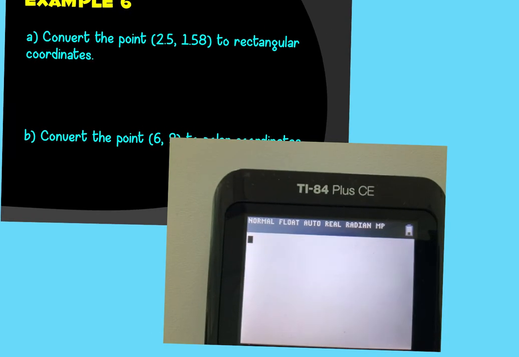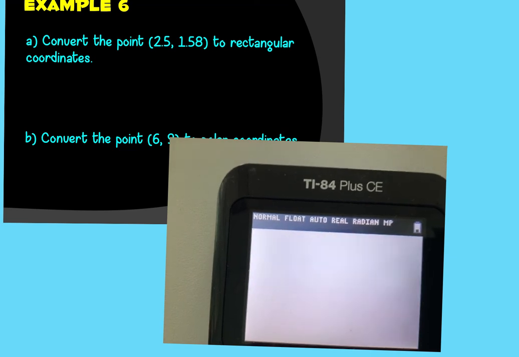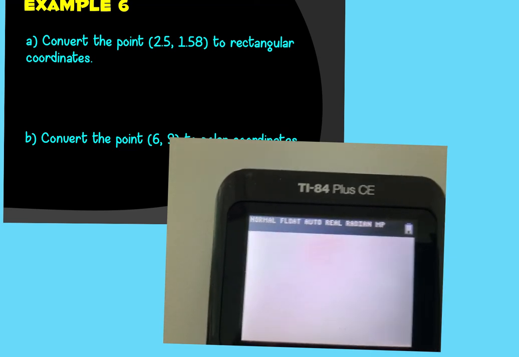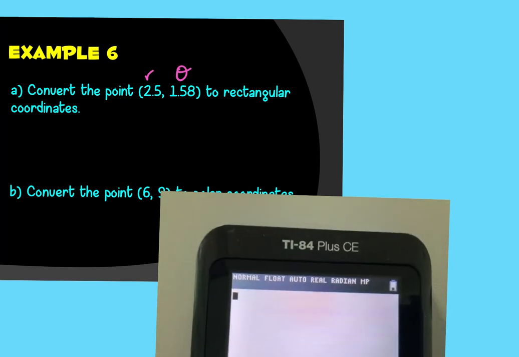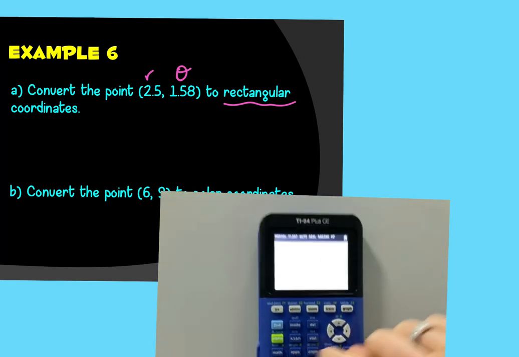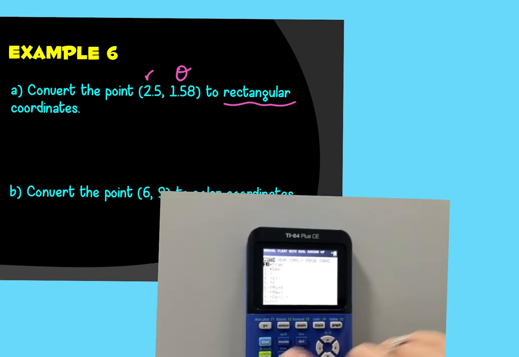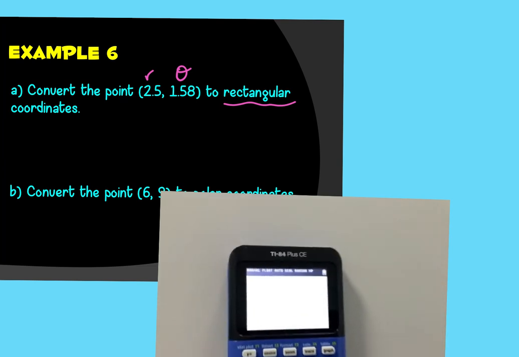If you look at the directions, it says convert the polar point 2.5, 1.58 to rectangular. So this is in polar, which means this is my r and this is my theta, and I'm going to rectangular. I'll show you 2 ways to do it.